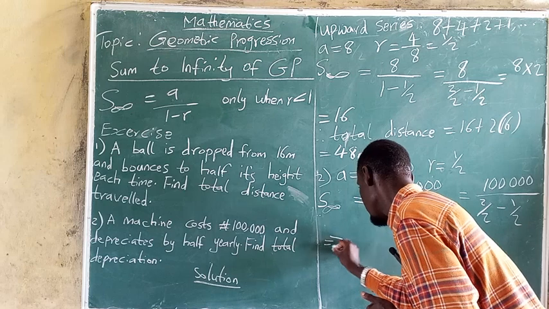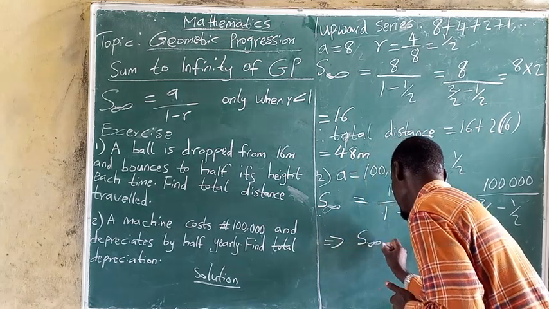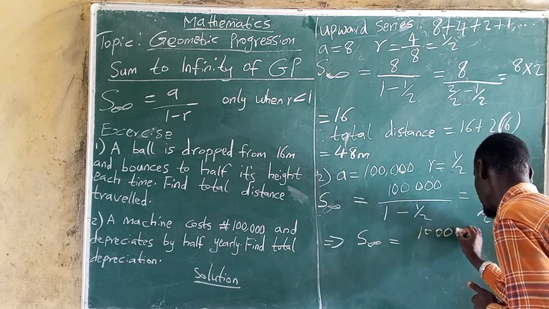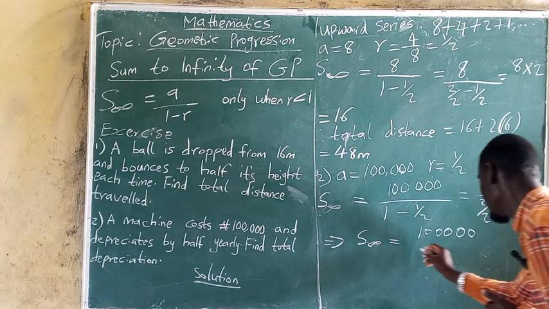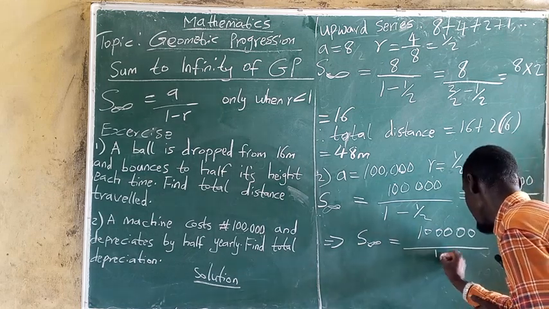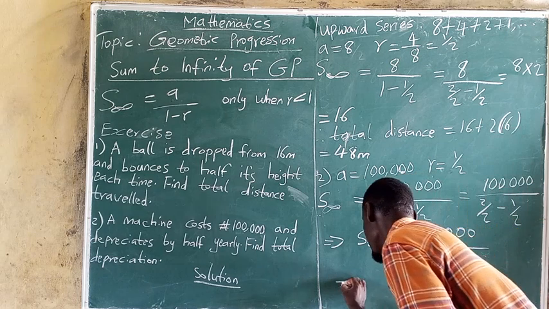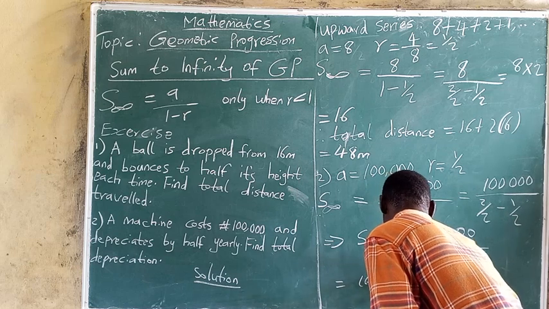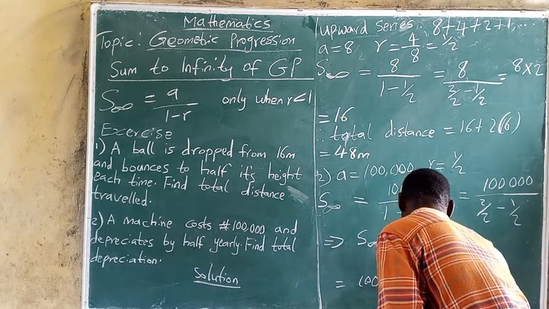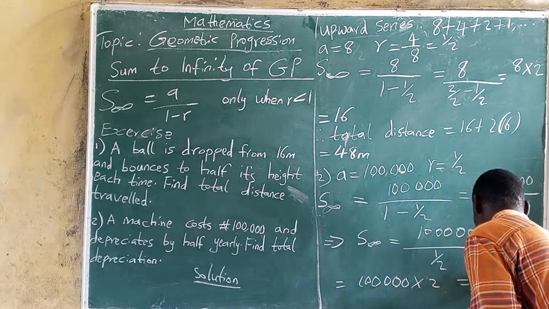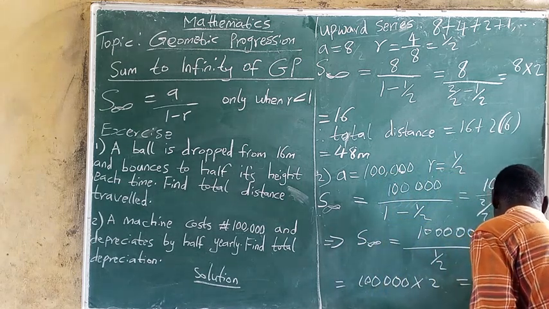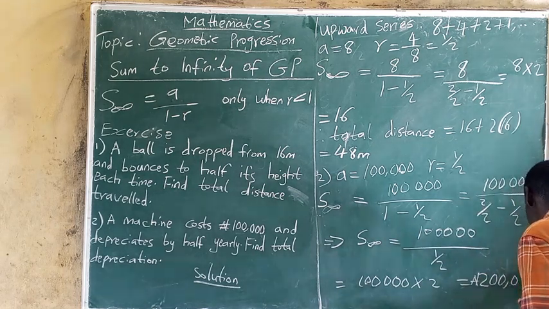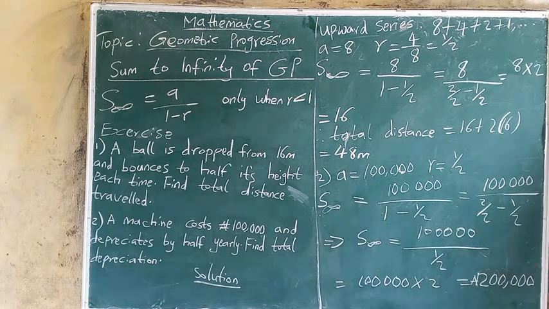This implies that my sum to infinity is equal to 100,000 divided by 1 over 2, which is equal to 100,000 times 2, which is equal to 200,000 naira as my final answer.